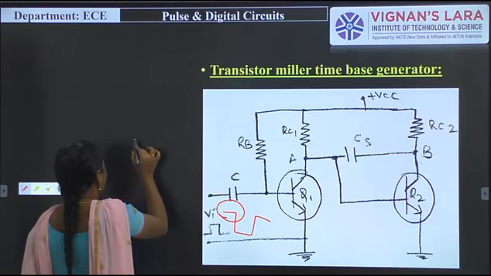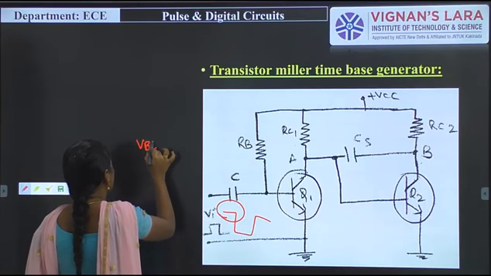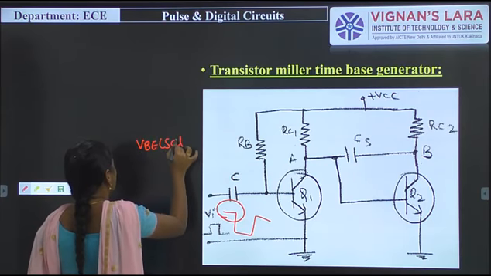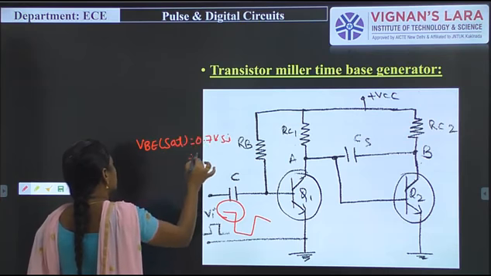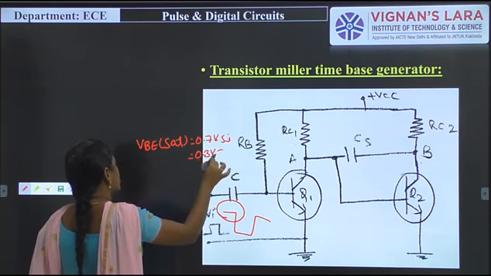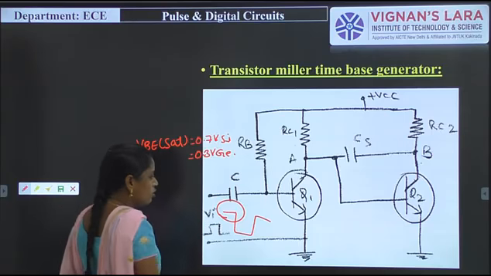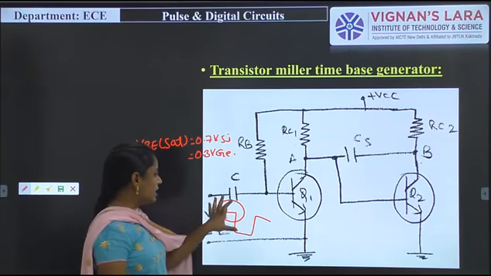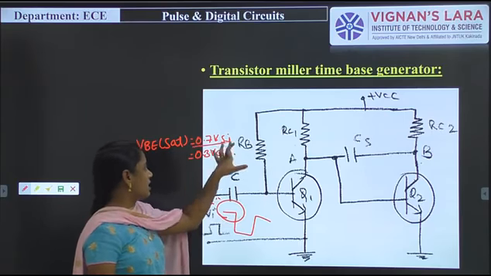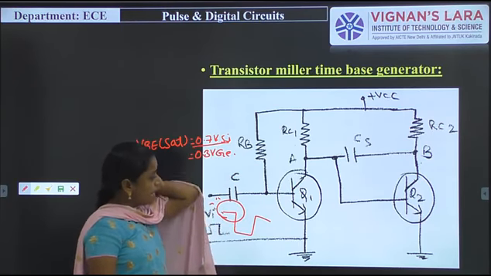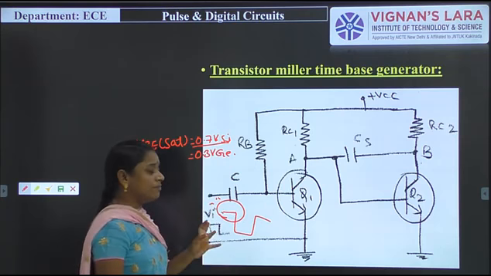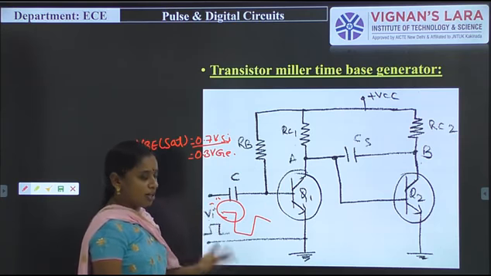That is VBE saturation, 0.7 volts for silicon and 0.3 volts for germanium. So the input signal, being a positive signal, will obviously be more than this one. Then transistor Q1 goes to on condition.